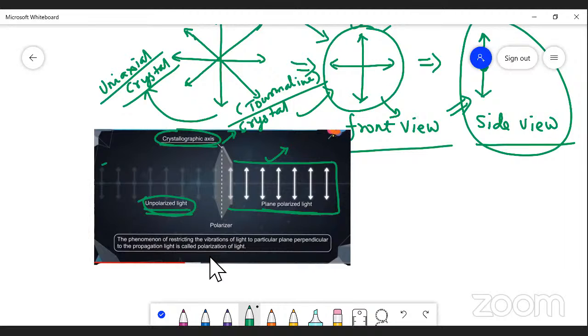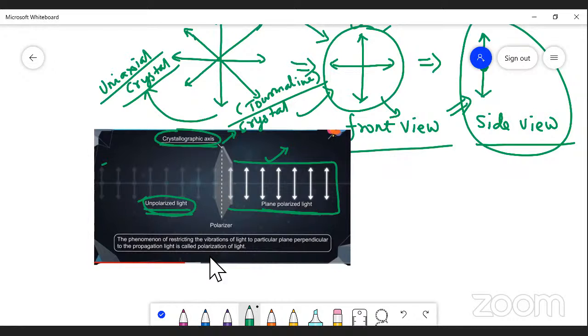Listen, the unpolarized light consists of vibrations in all directions in a plane. When this type of light is passed through a crystal that consists of only one optic axis, what happens?